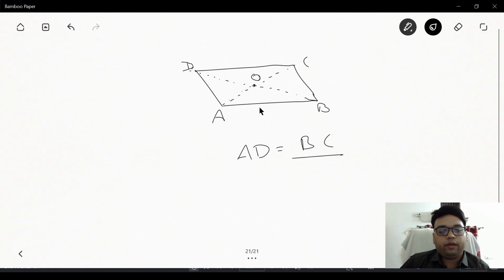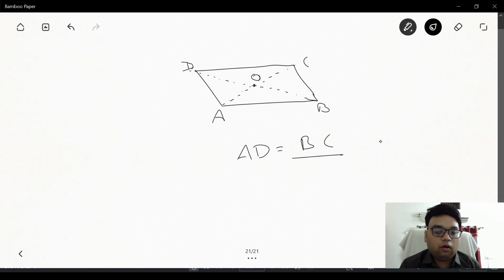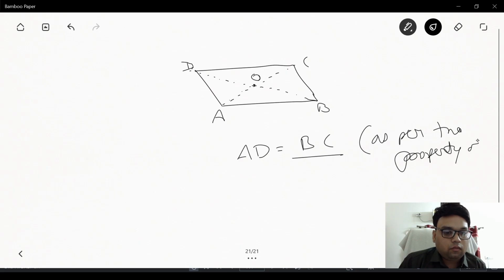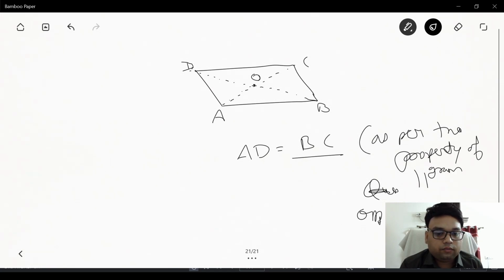So we can simply explain this, but we need to write the property: as per the property of parallelogram, opposite sides are equal.